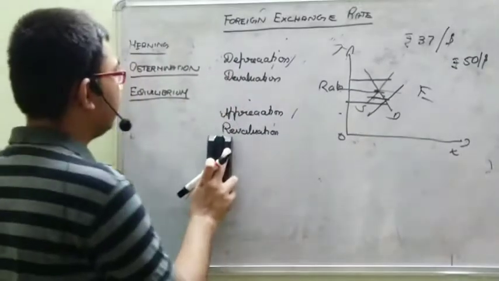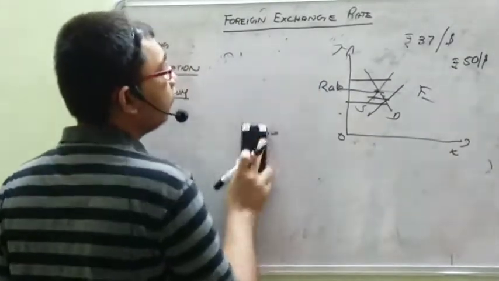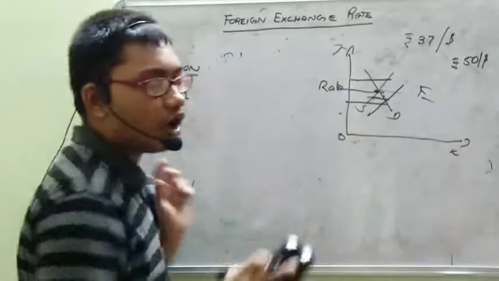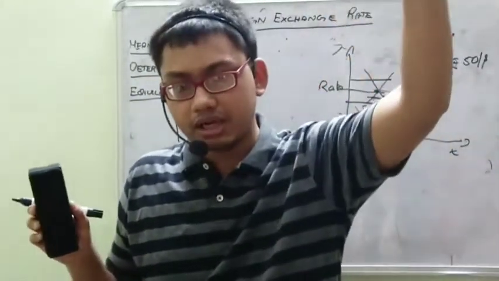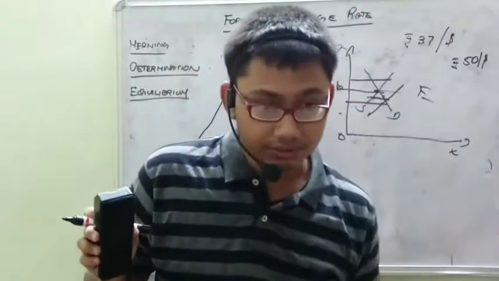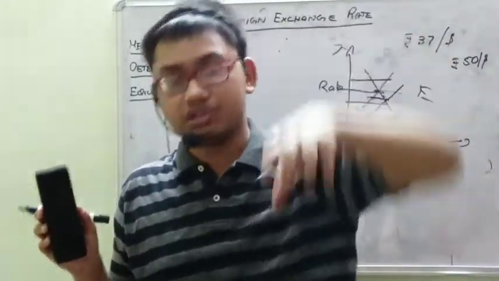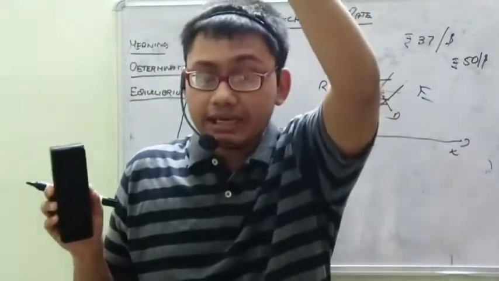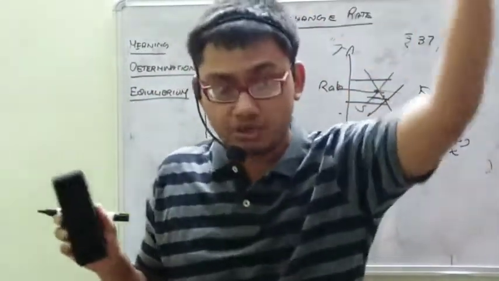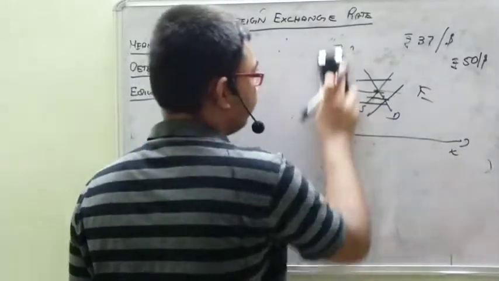Basically, if the value of foreign country's currency rises, then that currency is appreciating, our currency is depreciating. If the value of foreign currency falls, that currency is depreciating, our currency is appreciating. That's all.